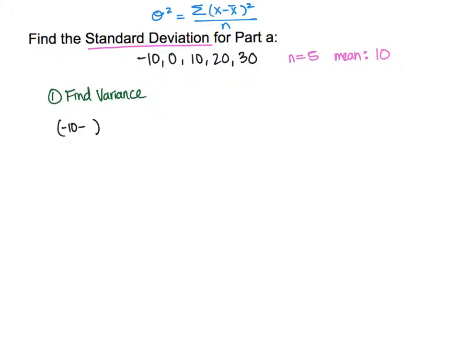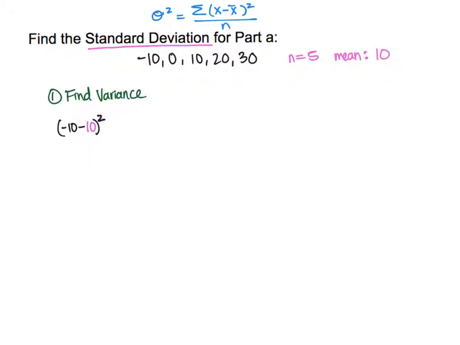So that means I'm going to be subtracting 10. And notice how this outside parentheses here has a squared. So I'm going to need a square here. And that means now I have the first term where I'm taking the data point, subtracting the mean, and squaring it. But I need to do this for all the data points.